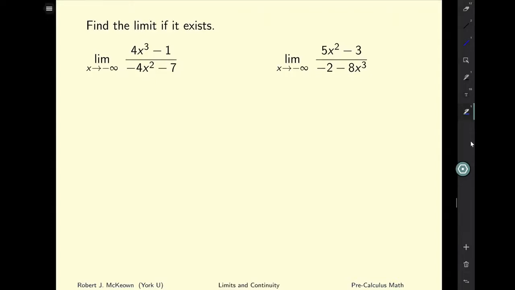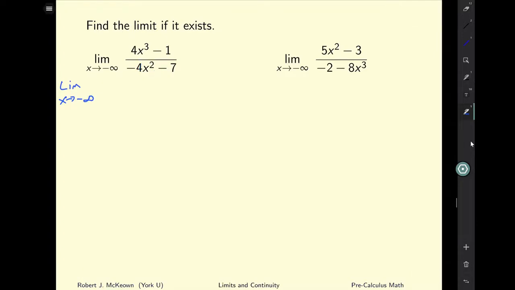So how are we going to do that? Well, there's sort of a little recipe that we can follow. Normally we would plug infinity into the expression right away. But if you do that, you'll see it's kind of hard to interpret. So why don't we do this? I'll rewrite our first expression like so. And then I'll take advantage of the rules of limits, and I'm going to divide the numerator and the denominator by the highest power in the denominator.